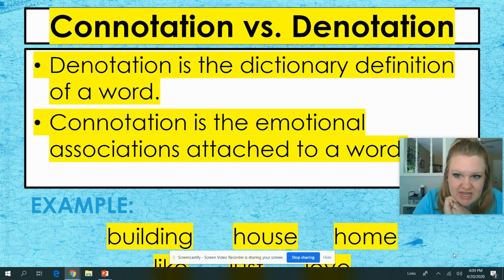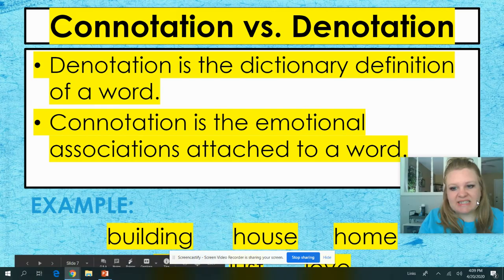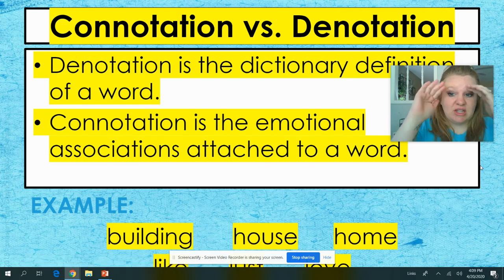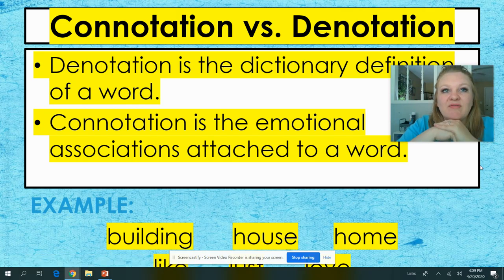Connotation versus denotation. So we talked about these a lot, but denotation is the dictionary definition of a word. The connotation is the emotional meaning. So some words can have the same denotation, but they might have different connotations. Like a building is not the same as a house.